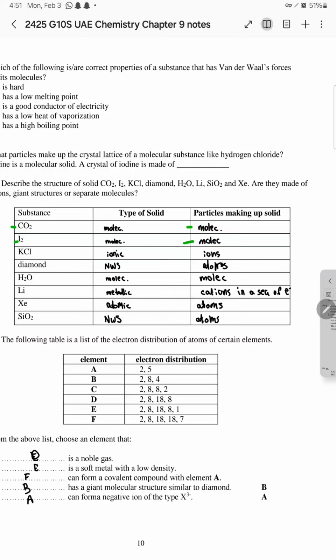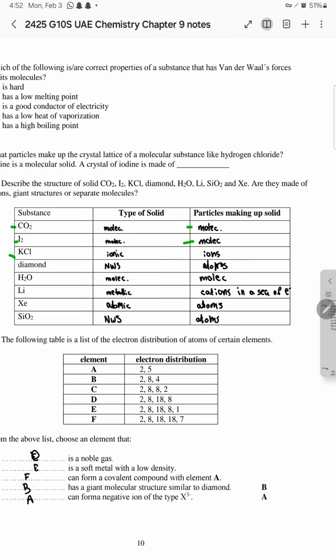KCl is ionic, and since it's ionic, the particles that make up an ionic compound are ions. Diamond, we know it's a network solid made out of atoms of carbon bonded together by covalent bonds, so the particles are atoms. And H2O is a molecular solid made out of molecules, of course.